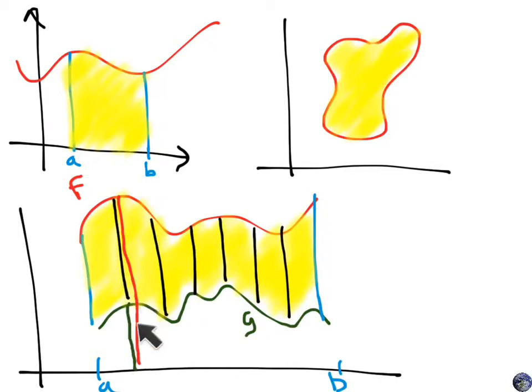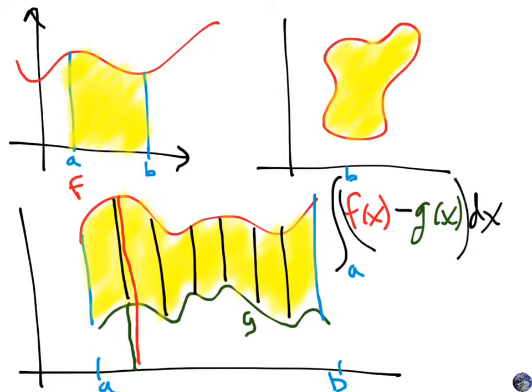That's the part governed by the y-coordinate of g at that same spot. So to get just this black part, we take the red length, take away the green length, and that gives you that black segment. So it's f of x minus g of x, and then we have to add all those up. So that's what we'd be integrating from a to b. That's one way to think about it, just adding up all these black segments.